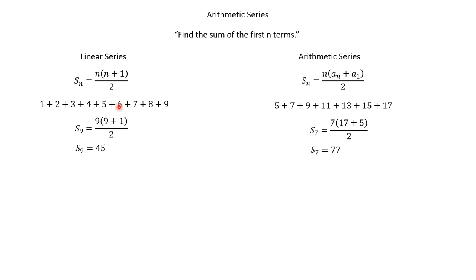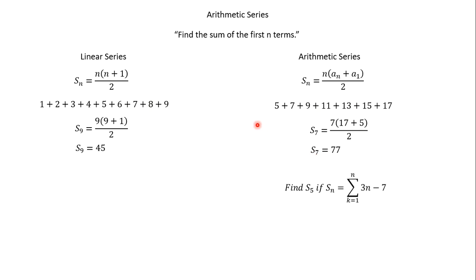And so it's the same process, because if we go 5 plus 17, we get 22. If we go 7 plus 15, we get 22. If we go 9 plus 13, we get 22. And so the same process works. It's just, again, the more generalized version.